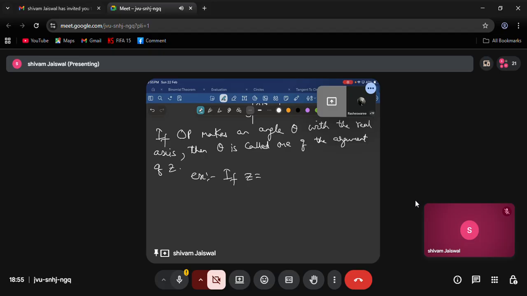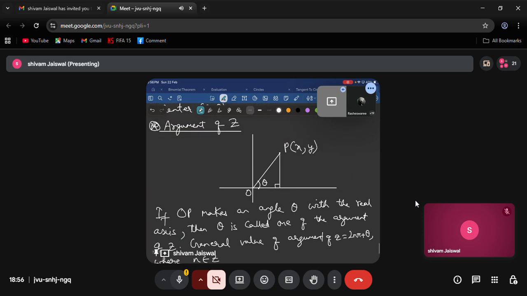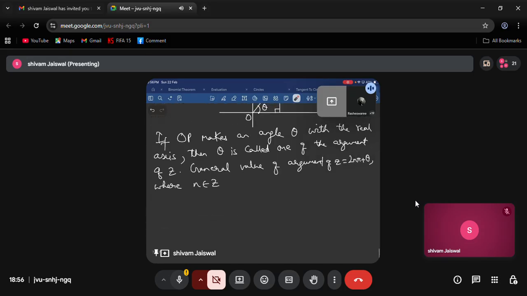And if I want to write down the general value of the argument of z, the general value of the argument of z will be equal to 2n pi plus theta, where n belongs to integers. Means again, if we take a 360-degree turn, it will come to the same point.